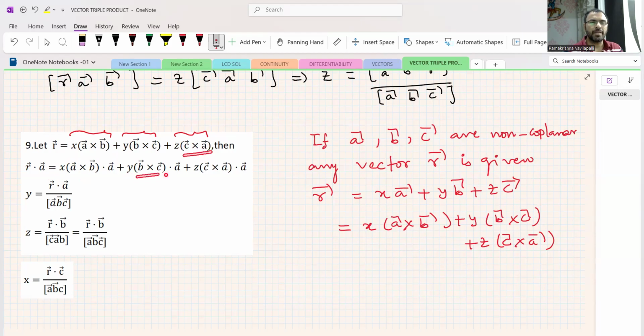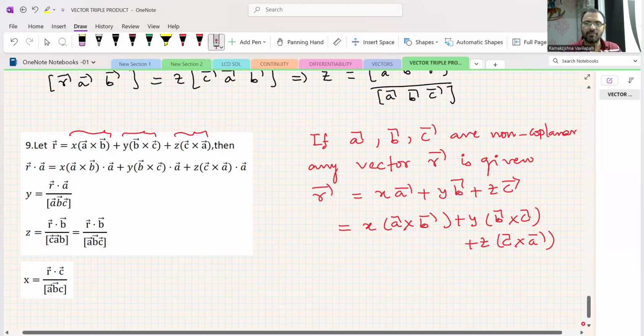Now Y into B cross C dot A is left. This is nothing but box BCA, and box BCA is nothing but box ABC. So therefore, we got that Y is equal to R bar dot A bar by box ABC. Similarly, you will get Z and X also.